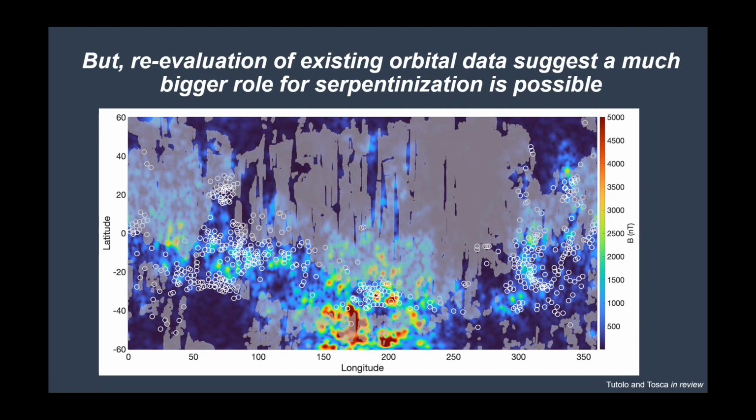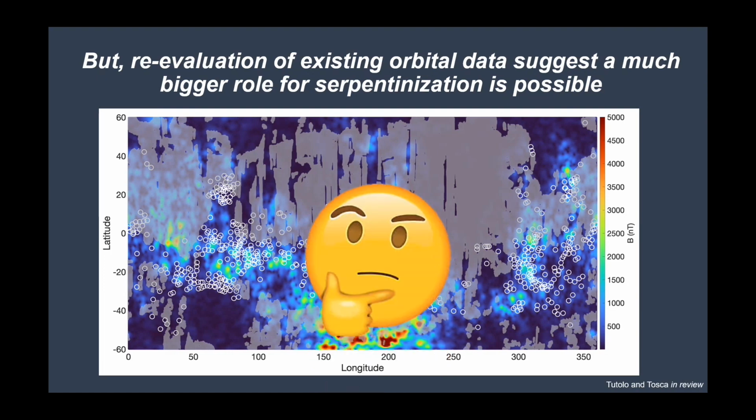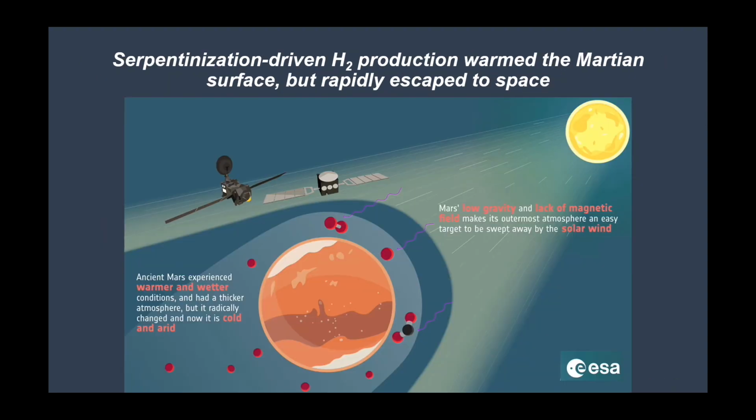What you see then is that in places where there's high magnetization and large amounts of this clustering of octahedral Fe3+ in phyllosilicates are probably, or potentially, places that serpentinization would have occurred on the Martian surface, and if we were to explore them in more detail, we might find more evidence for serpentinization. So no longer sad emoji, we can now have the thinking emoji and perhaps go and explore this more.